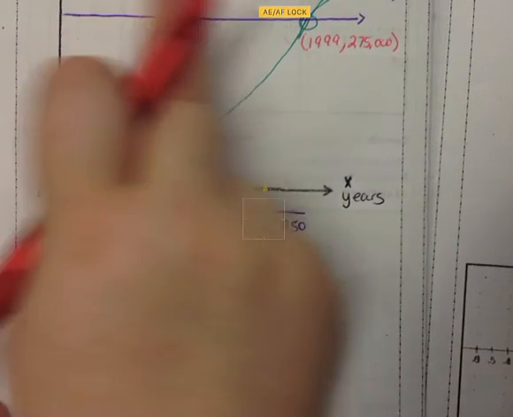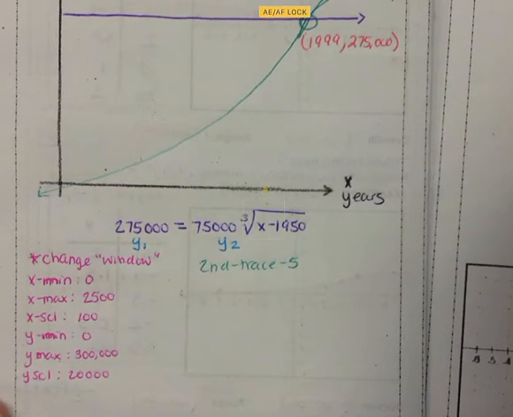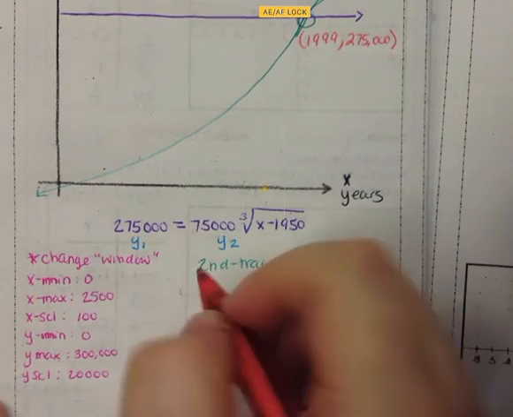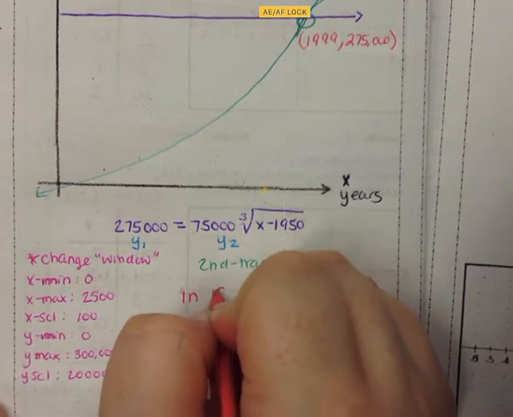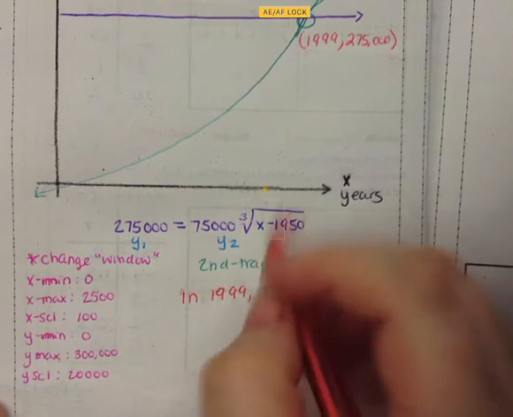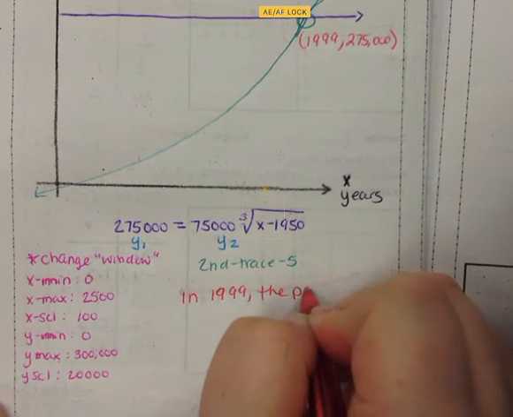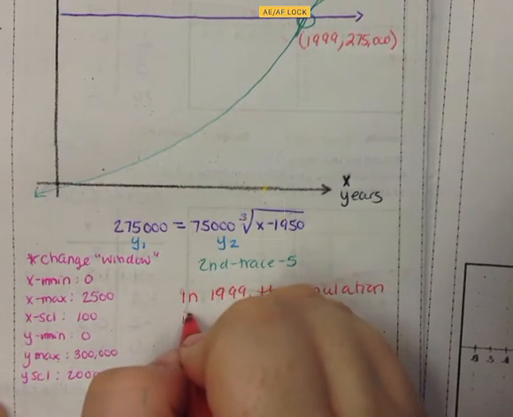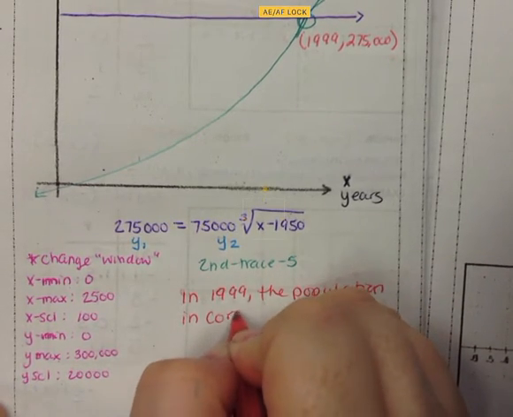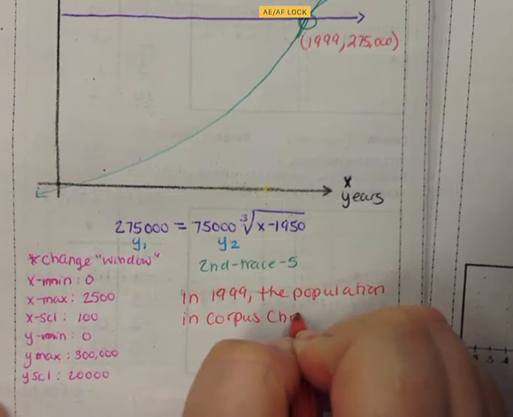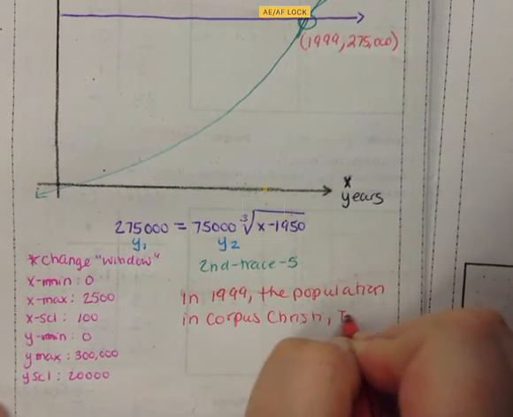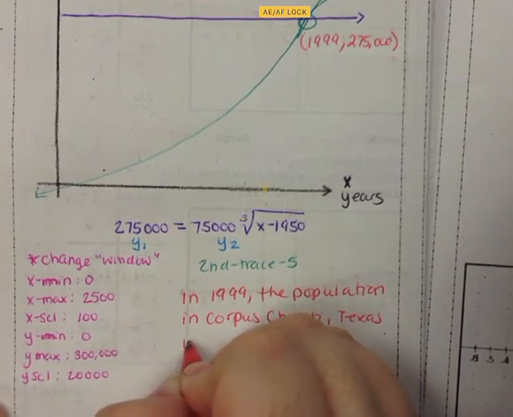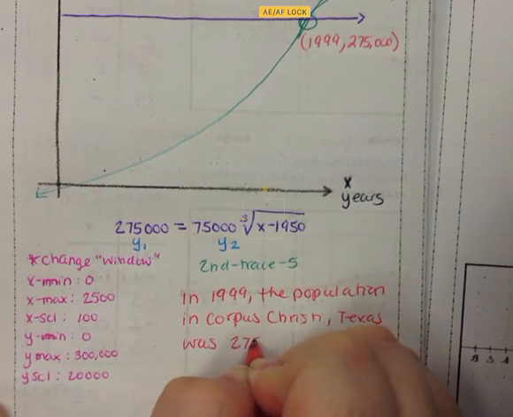So we can say, in what year was the population of Corpus Christi 275,000? In 1999, the population in Corpus Christi, Texas was 275,000.